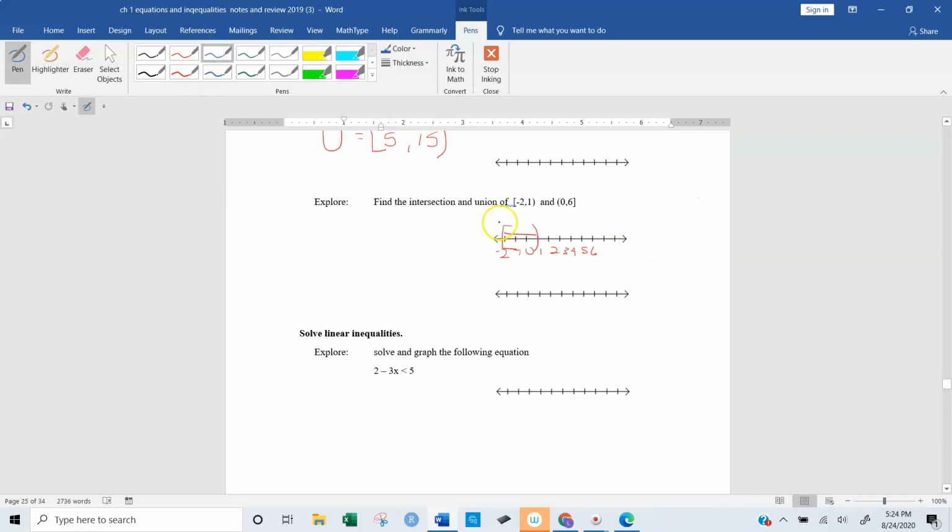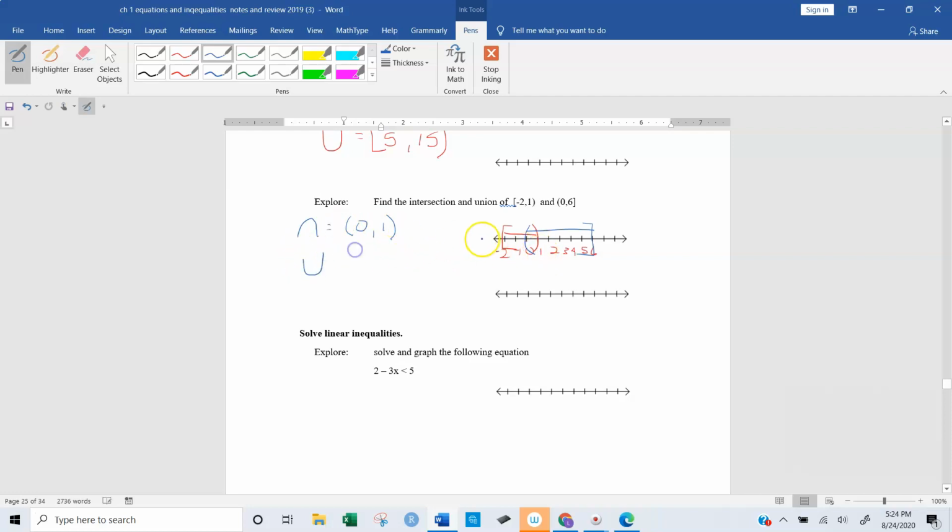The next one starts at 0, not including 0, goes to 6, does include 6, and it's here. Now let's look at our intersection. Our intersection is where you have both lines, what they have in common. It starts at 0, but not including it, and it goes to 1. That's where you see the red and the blue line. Both parentheses, because it doesn't include 0 or 1.